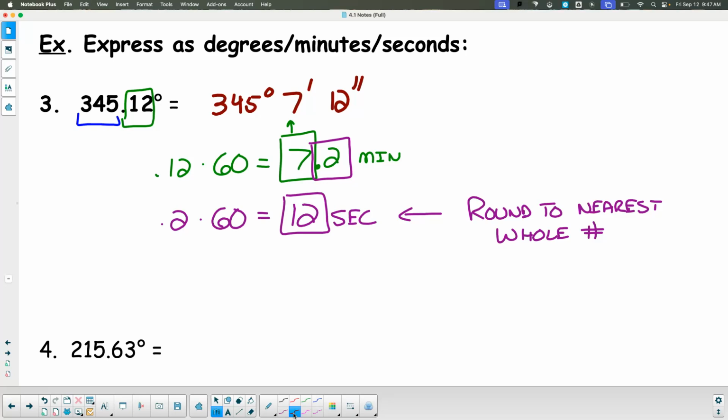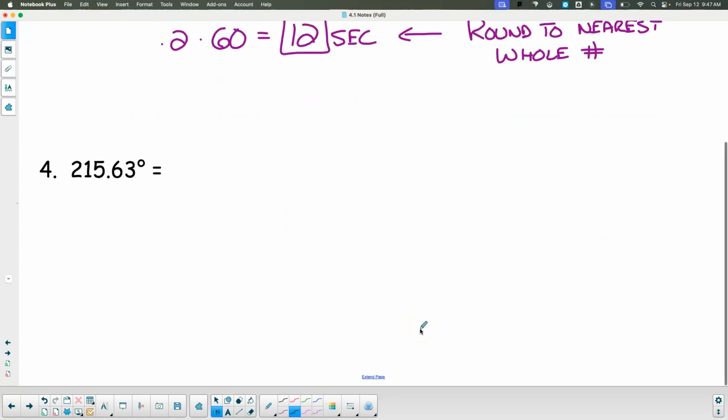You try converting 215.63 degrees. So for sure this is going to be 215 degrees. Then I take 0.63 and I multiply it by 60 and I get 37.8.